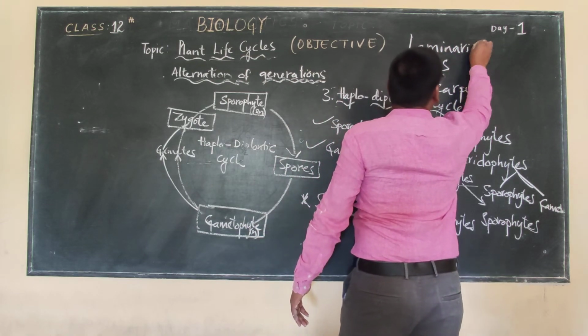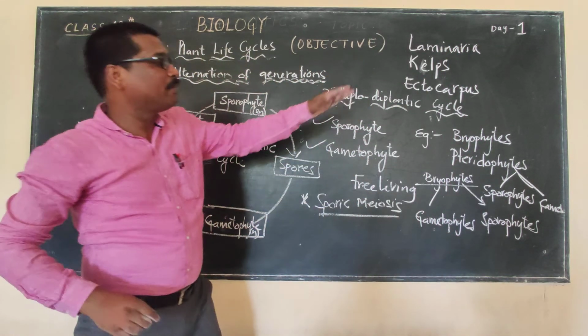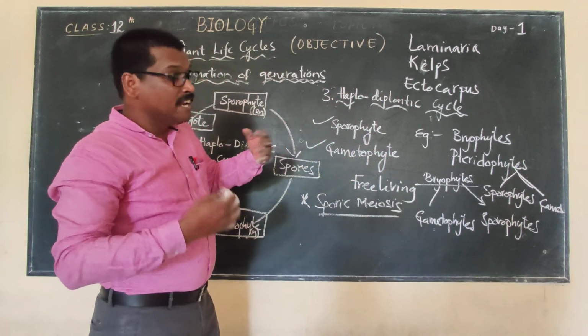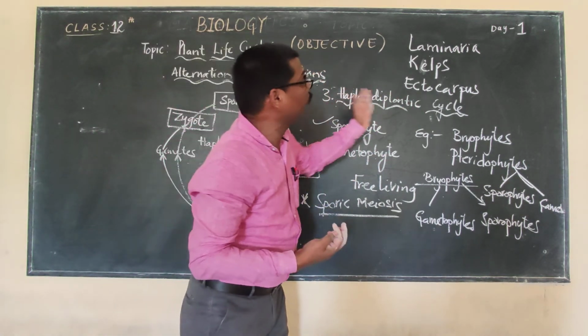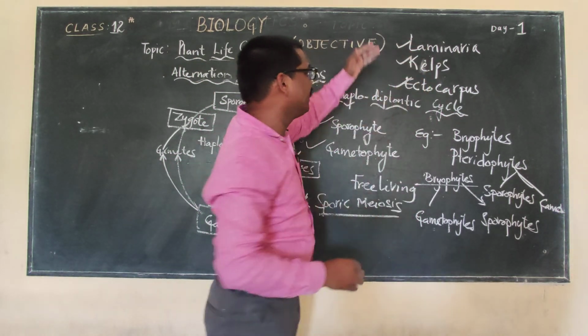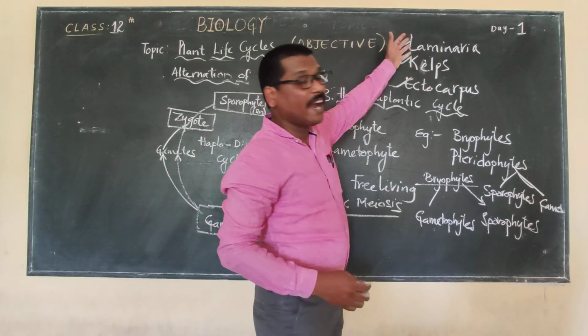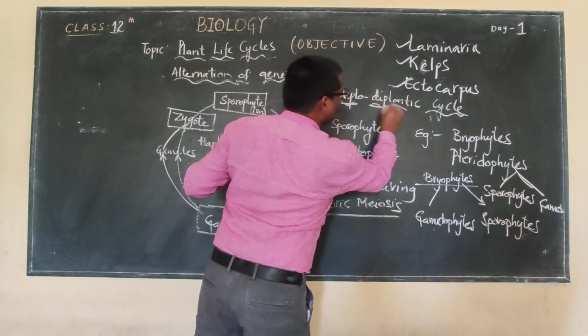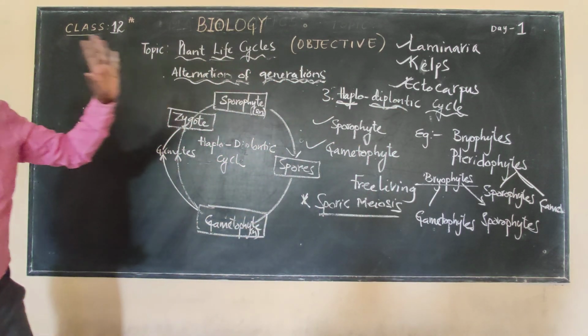These three are also algae that show the haplodiplontic cycle. So the question may be asked: name the algae which are undergoing the haplodiplontic cycle. You should keep in mind the best examples, the kelps, Ectocarpus and Laminaria. So this is what we should keep in mind when we talk about the haplodiplontic cycle.